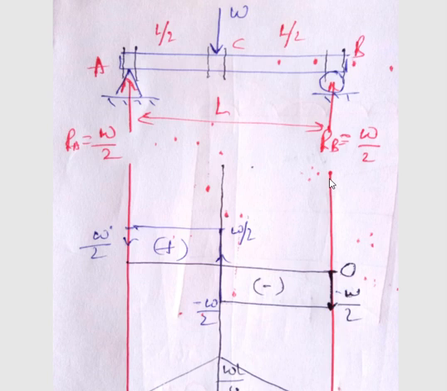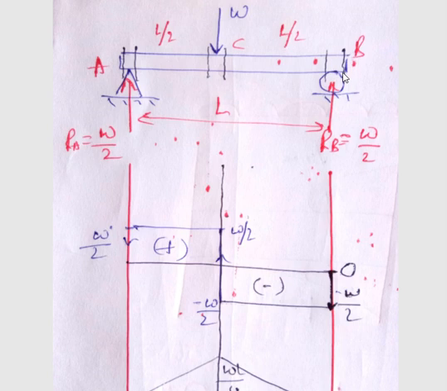Once you draw the vertical lines, the first step you need to do is, wherever the forces are there, mark two cross sections, one just at the left of this force and one just to the right.